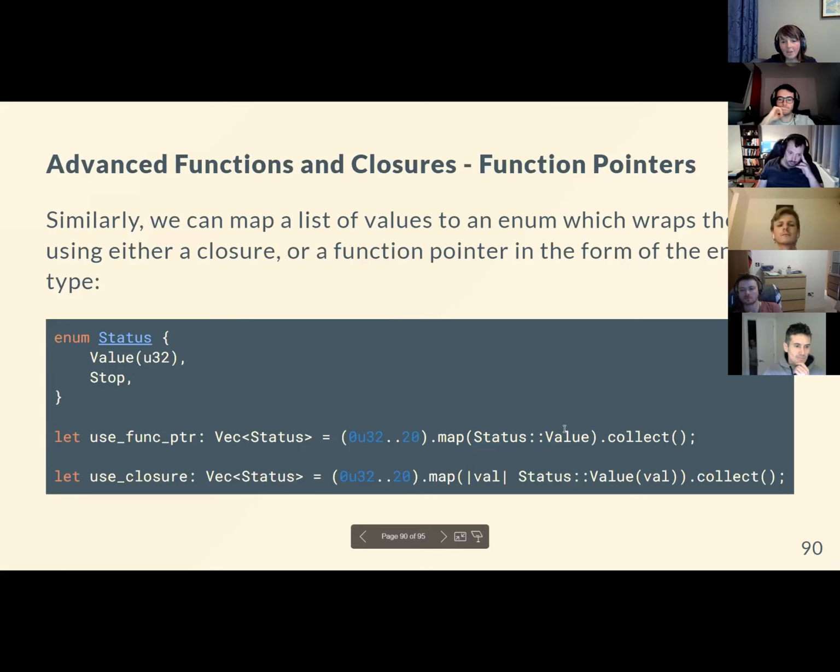So that way you can map this list of 32-bit integers onto a collection of statuses which have that value in, using this function. And if we wanted to implement it as a closure instead, it would look something like this, but they both do the exact same thing.